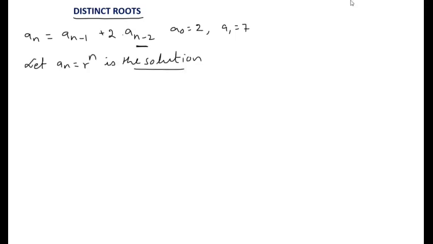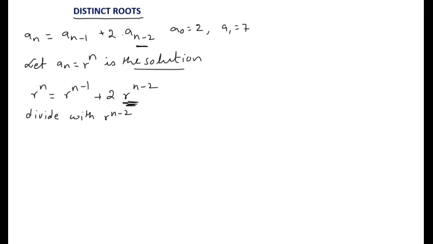Let a_n = r^n be the solution. For a_{n-1}, wherever n is there we need to put n minus 1. So it is r^n = r^{n-1} + 2 r^{n-2}. Now we are going to divide this equation with r^{n-2}, whatever the least term, we have to divide with that term.